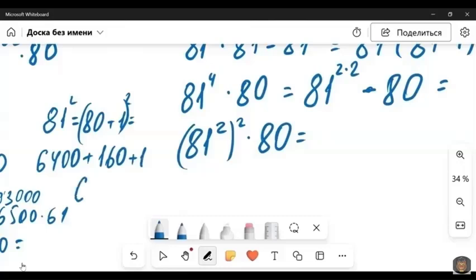And we get the number 6561. Let's check. Yes, 65 is here, and here is 61.